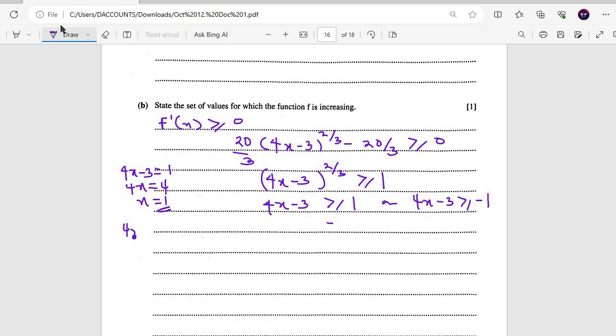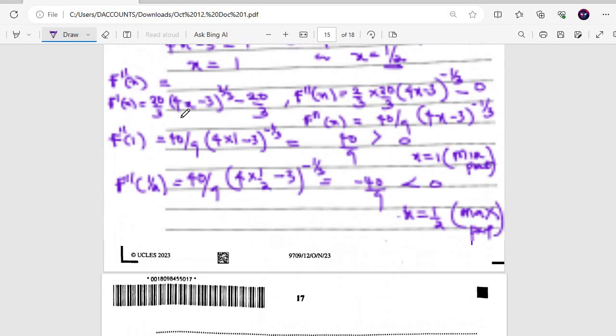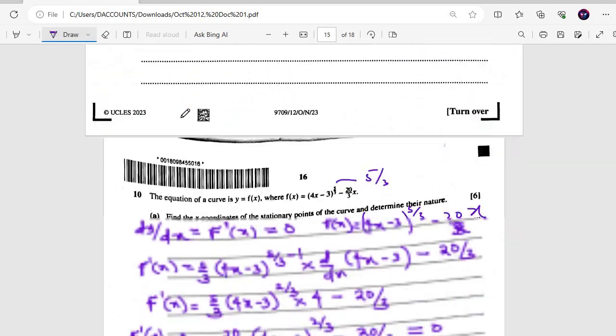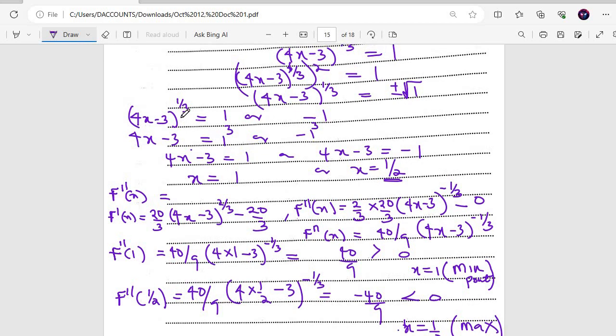The other, 4x minus 3 equal to minus 1, gives 4x equal to 2, so x is half. We have two values of x, 1 and half. Let me check it, just to be sure. Yes, 1 and half.